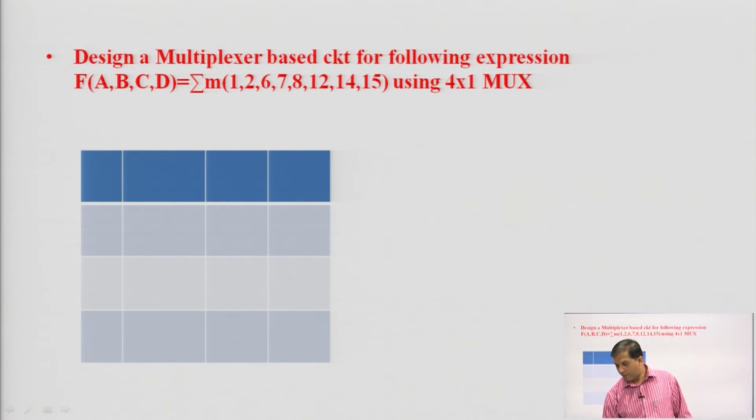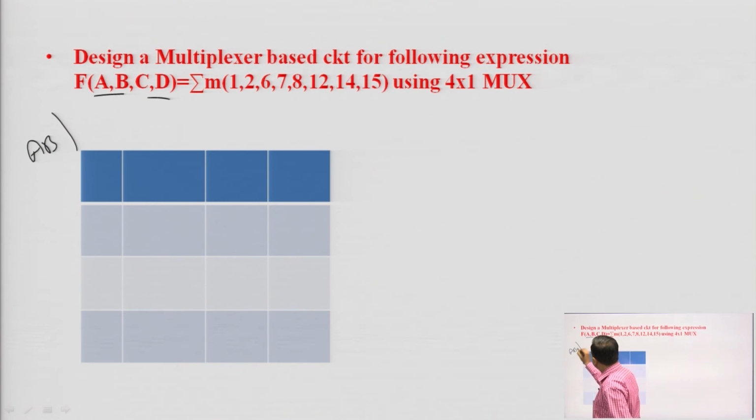Another problem, the same thing you can design using a 4 cross 1 multiplexer, you can do it on your own. Here, the 4 variables are A, B, C, D. So, it will be like A, B and C, D, and the combination will be K map combination. This will be 00 01 11 10 and 00 01 11 10.